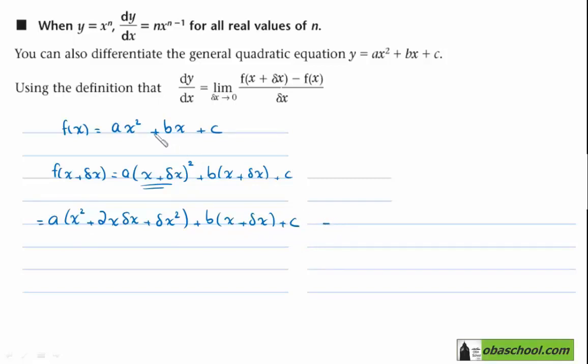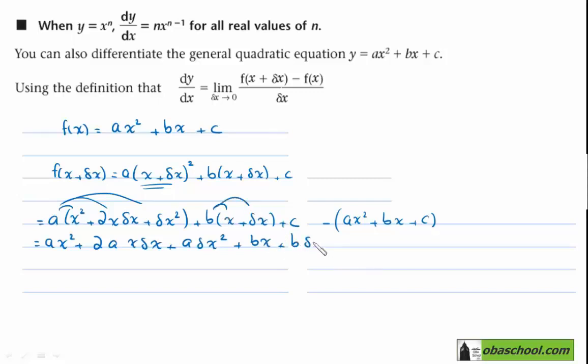Let's now subtract f of x, which is ax squared plus bx plus c. To do so, we have to expand the brackets. Then ax squared plus 2ax delta x plus a delta x squared plus bx plus b delta x plus c. Now we have to multiply the minus sign by all the terms inside the bracket.